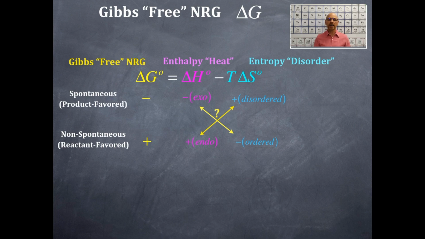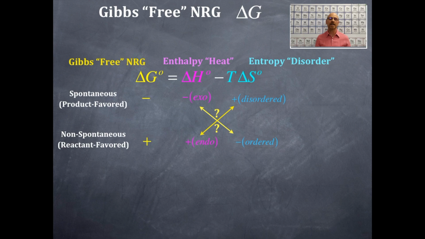Likewise, when the delta H is negative and exothermic, and the entropy term is negative and ordered, I don't know what the sign of delta G is. Therefore, when delta H and delta S are the same sign, I cannot figure out what delta G is unless I have numeric values.